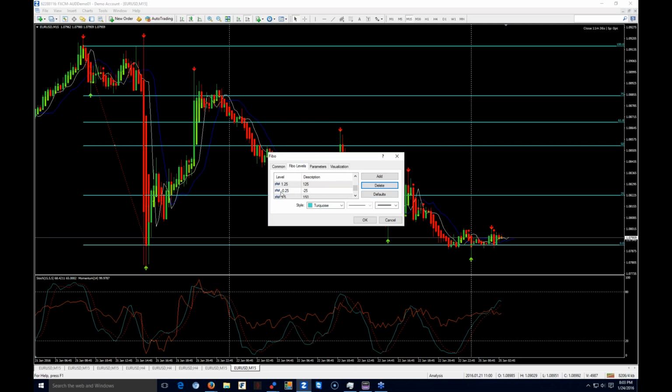And then we've got minus 0.25, minus 25, 1.5, 150, minus 0.5, minus 50. I keep the colors turquoise. So that is how you guys are going to set up your Fibonacci levels.